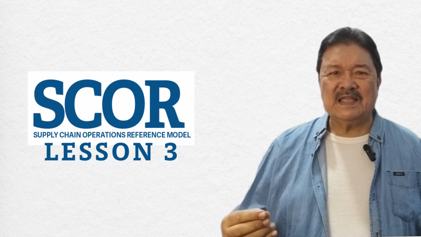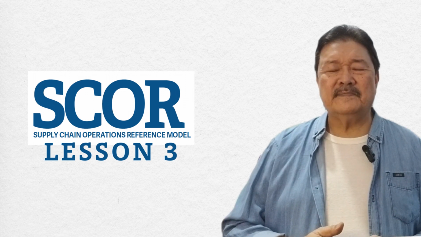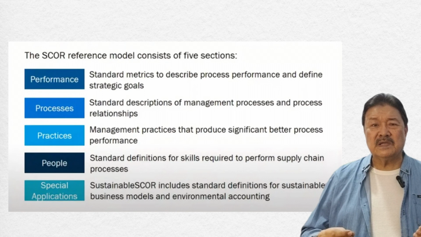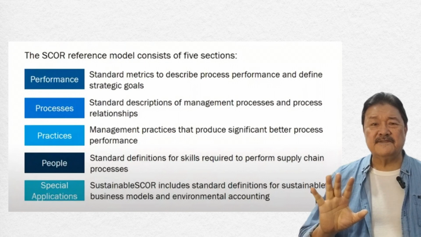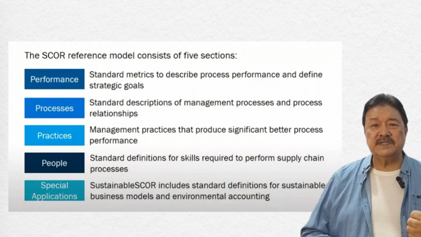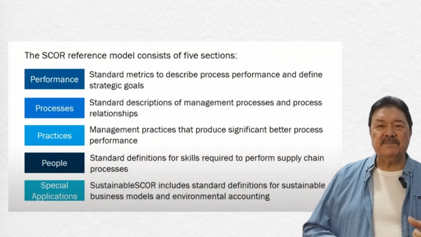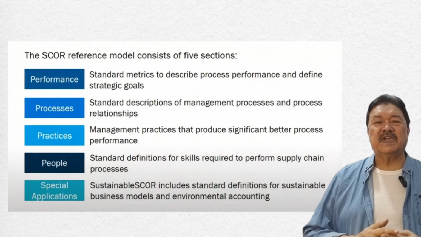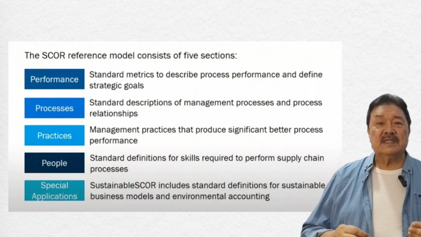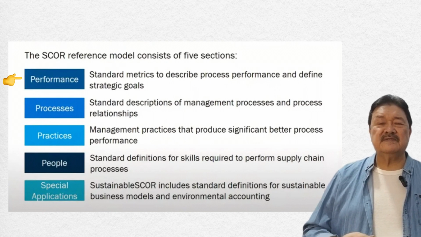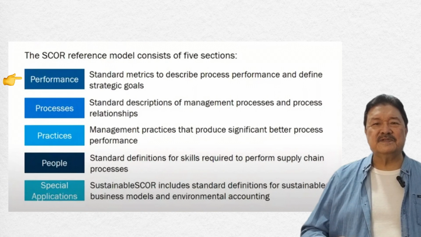Now, let's take a look at the SCOR model framework. The SCOR model is divided into 5 sections: performance, process, practices, people, and a special application section. The performance section contains the standard metrics to describe the process performance and define strategic goals.